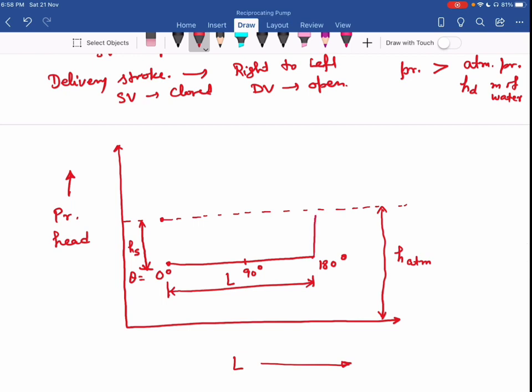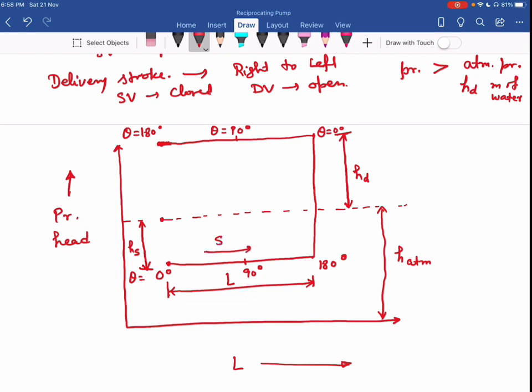So that pressure becomes HD, and remains constant throughout. Again, my crank rotation is from 0 degree to 180 degree, and in between theta is equal to 90 degree. So this is my suction stroke, and this is the delivery stroke.